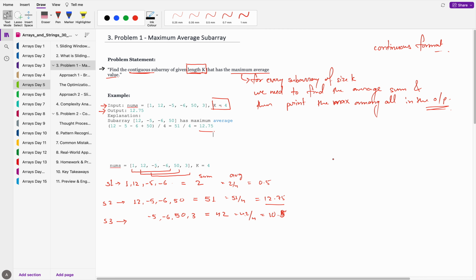But for the brute force way, just for the sake of solving this particular problem, what approach can we think of?